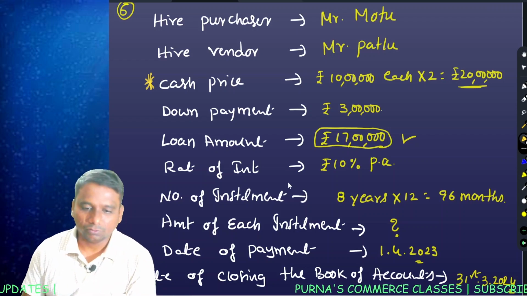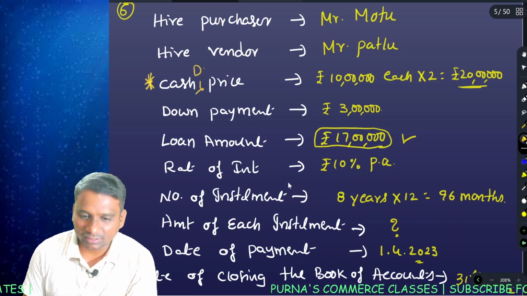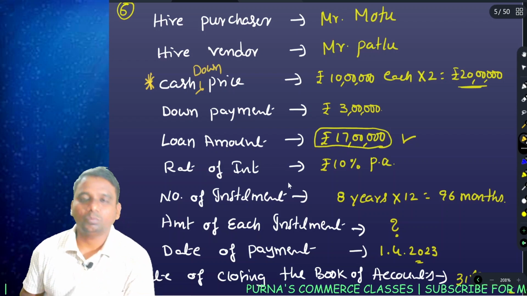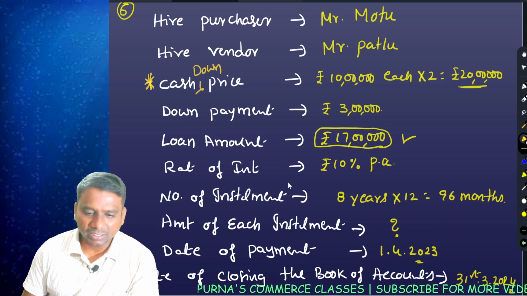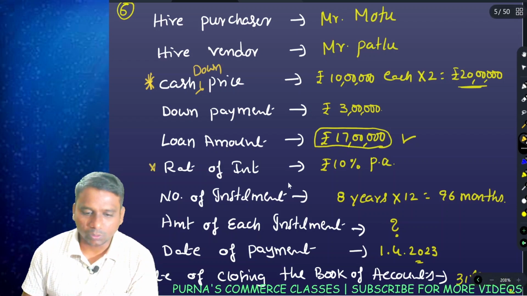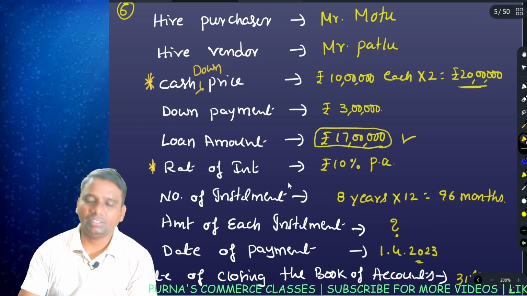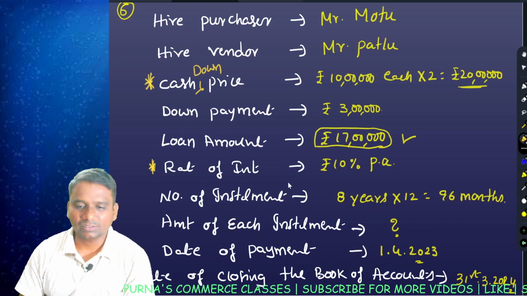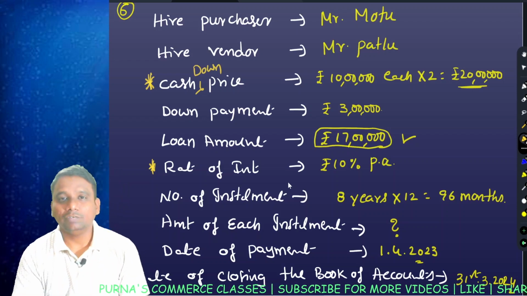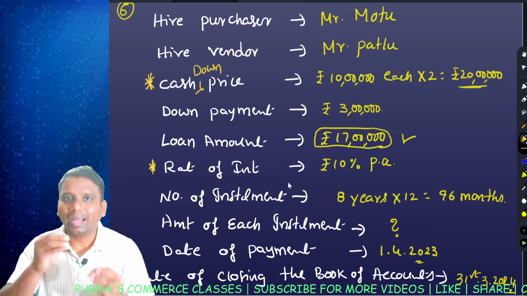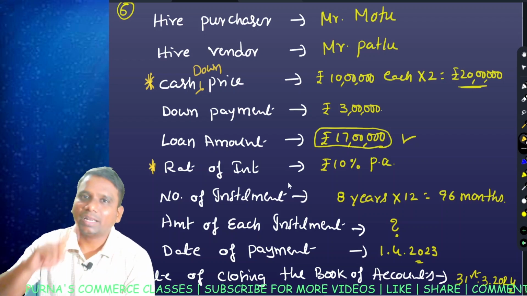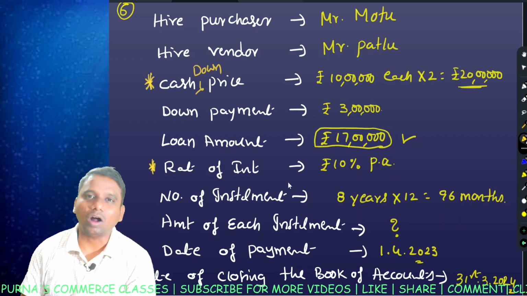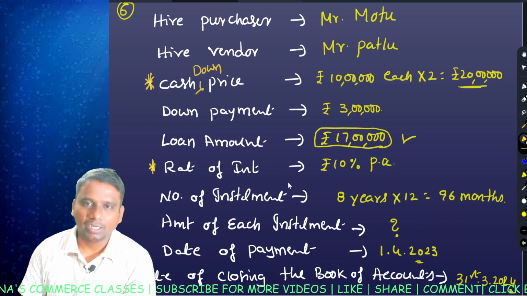Cash price, the same thing we'll call cash down price. Next, interest portion also you have to calculate. Rate of interest they give you, we should calculate interest. So there are some calculations which we should do manually in the examination problems, but practically you need not do all those calculations. Clear everybody?